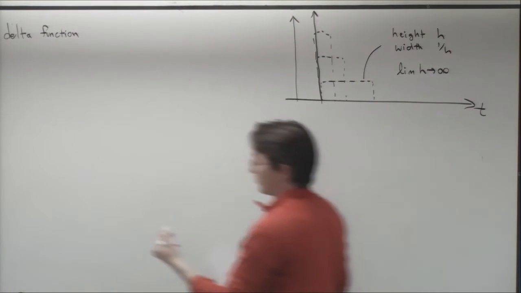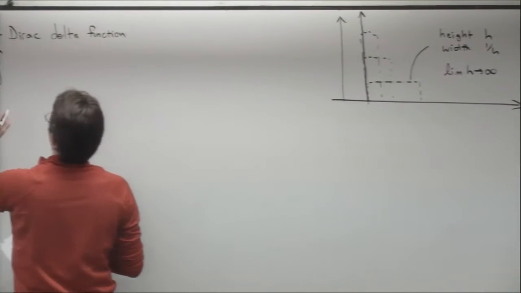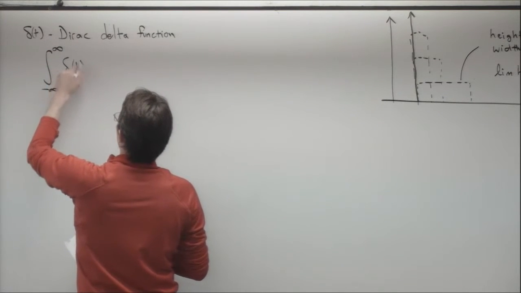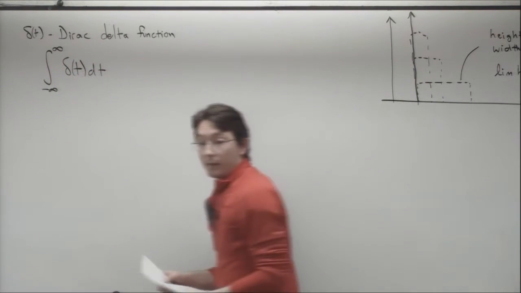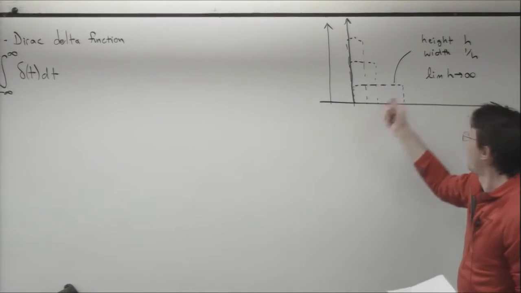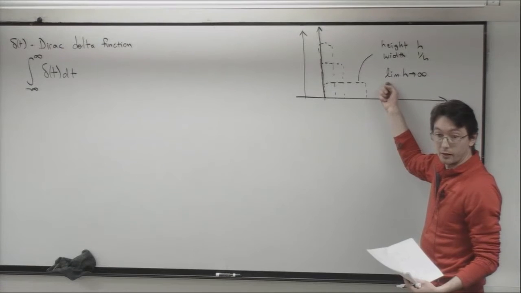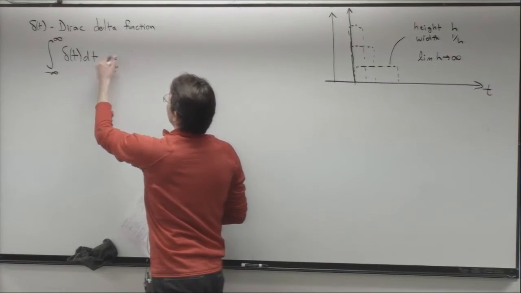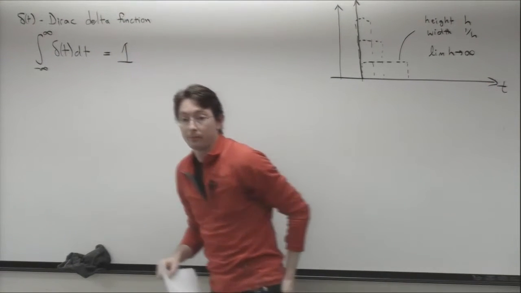And it has this nice property that if I integrate my delta function in time, the area under this curve is exactly equal to 1 by construction. We made this thing to be a rectangle with unit area, and we took the limit. So this absolutely equals 1.